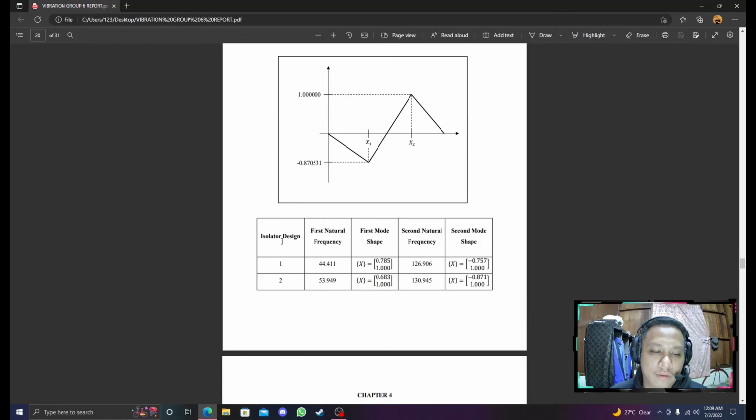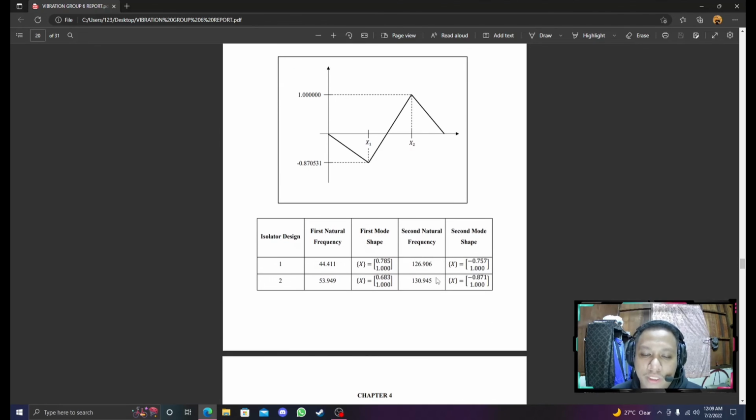Lastly, you can see for isolator design 1 and 2, the first natural frequency is 44.411 for isolator design 1 and 53.949 for isolator design 2. And the first mode shape x equal to 0.785, 1.000, and for design 2 x equal to 0.683 and 1.000.